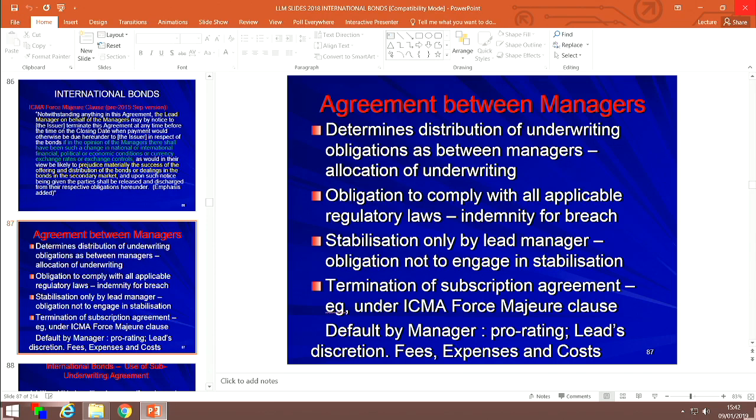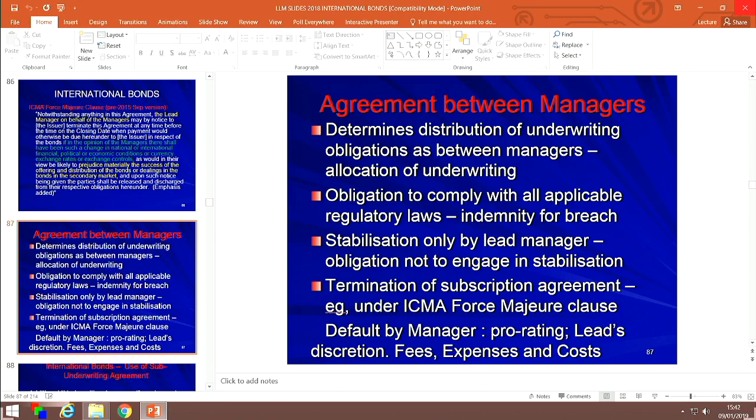That is default under the agreement between managers. What happens? Well, the lead manager is given a right in the agreement between managers that if one of the underwriters, usually called a manager, defaults in relation to its obligation to take up and pay for unsold bonds, the lead manager may prorate that amount of bonds amongst the other managers and underwriters.